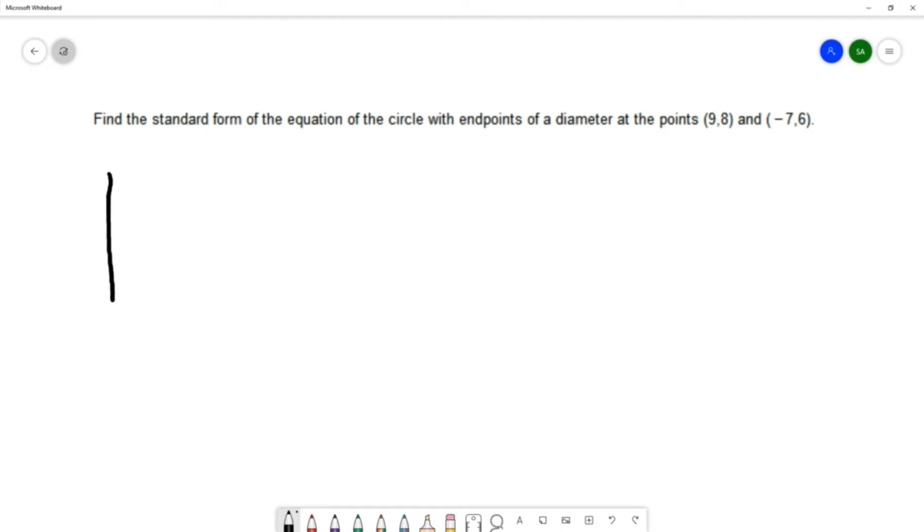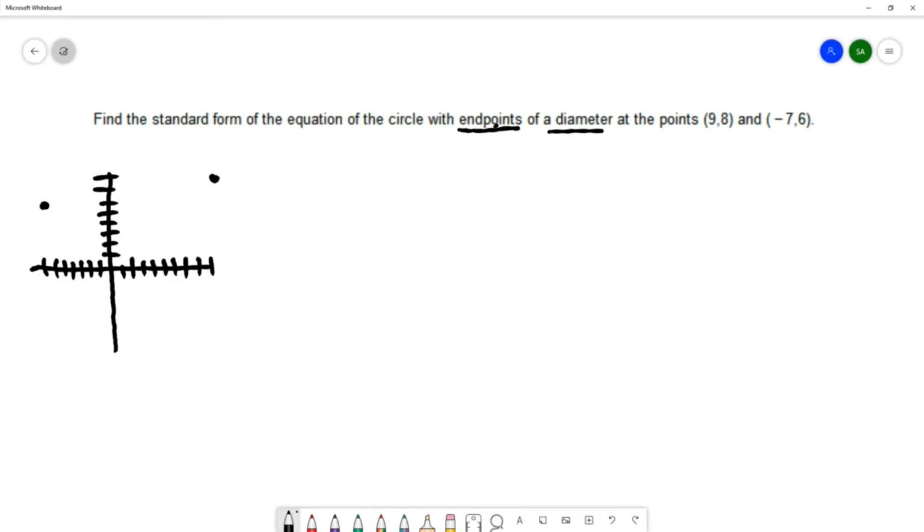So we have 9, 8. We have one point here and another point at negative 7, 6. Should be about here. And these are the endpoints of the diameter.